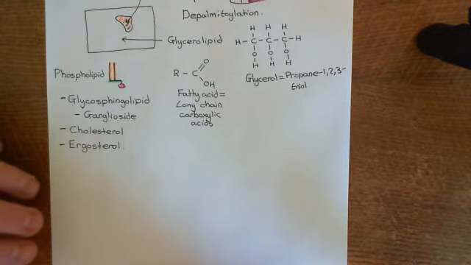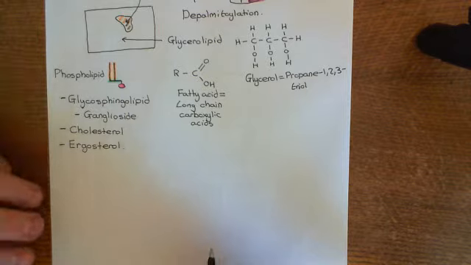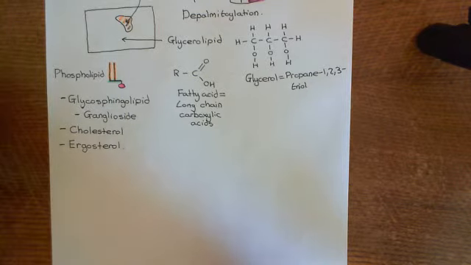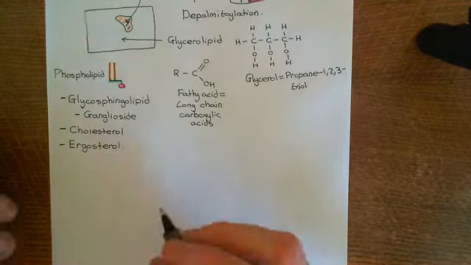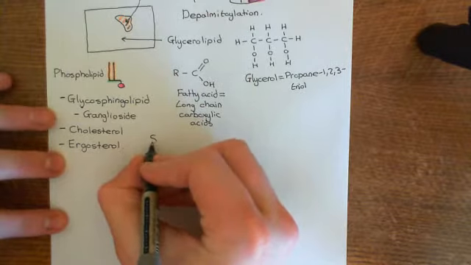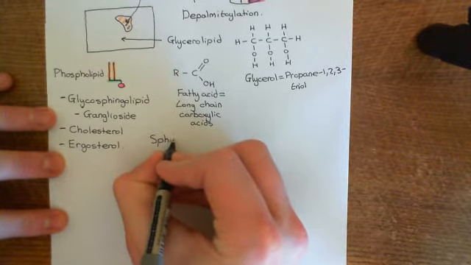In order to explain what a glycosphingolipid is, I first need to explain what a ceramide is. And to explain what a ceramide is, I need to explain what sphingosine is. So we're going to start off with sphingosine.